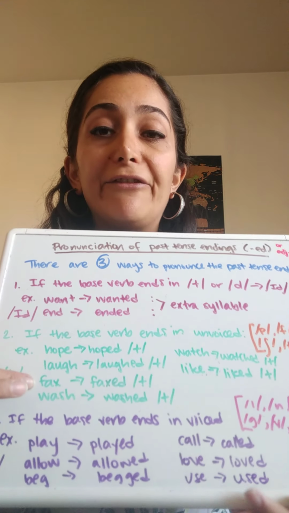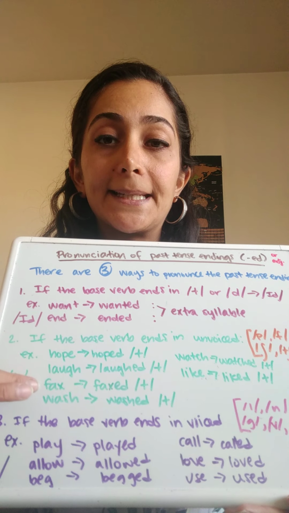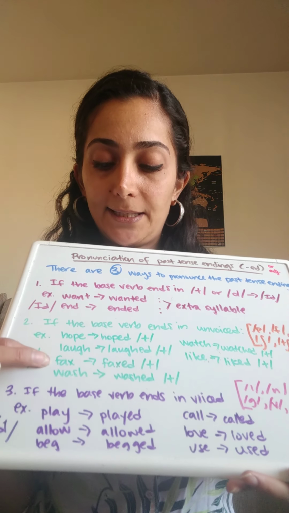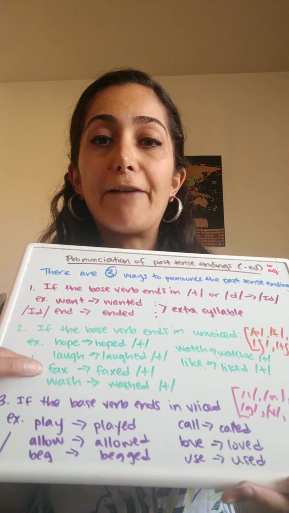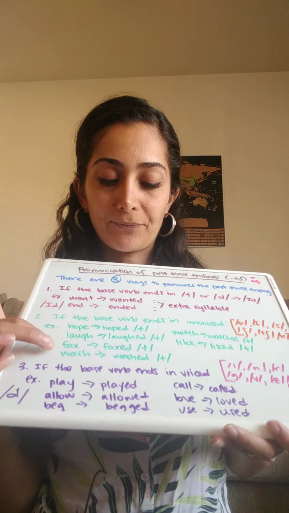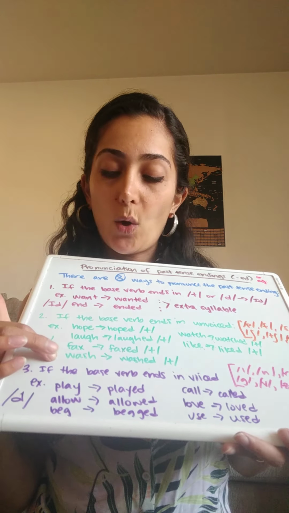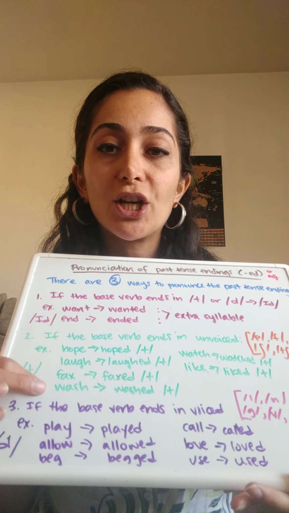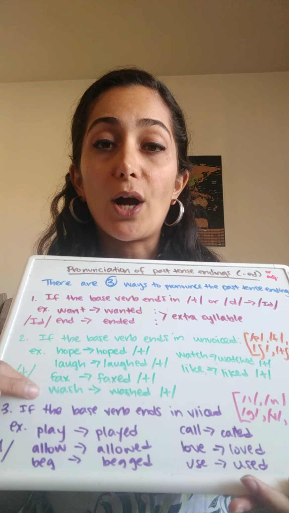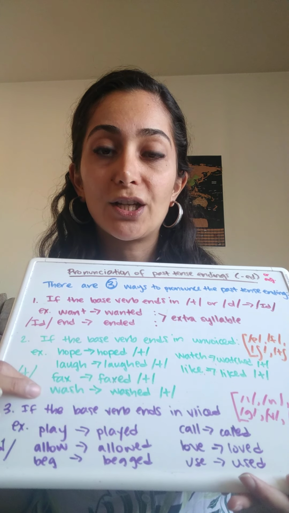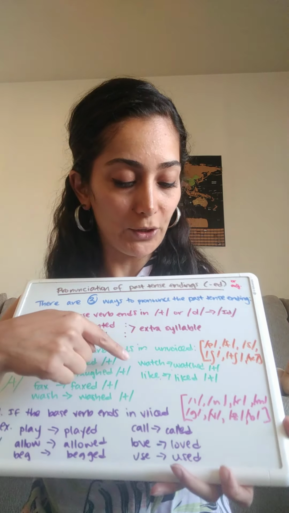Another example. Fax. S, unvoiced. So in the past, it's faxed. I faxed her the information. Another example. Wash. Sh. No voice, an unvoiced sound there. Washed. Okay, a couple more examples.